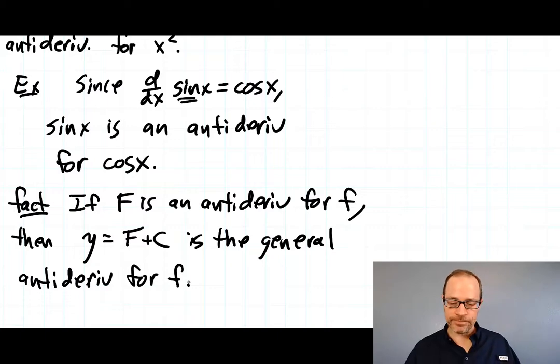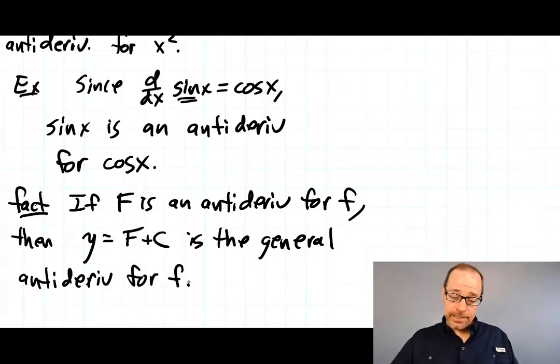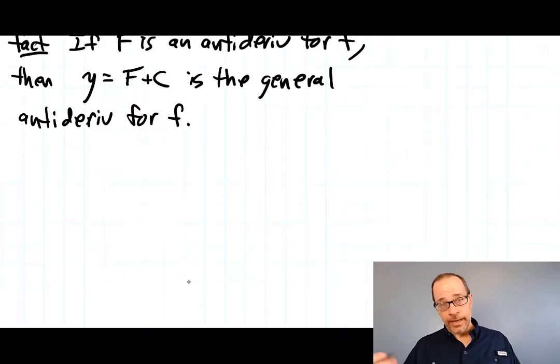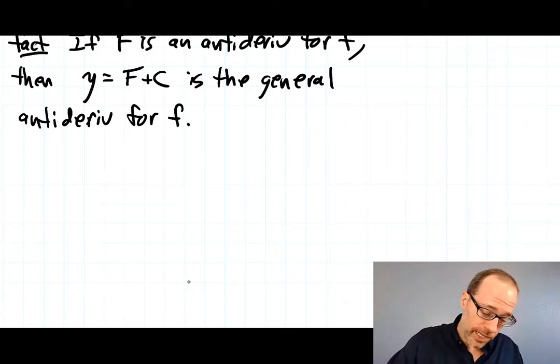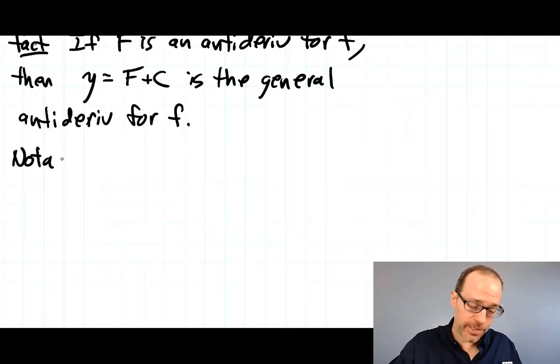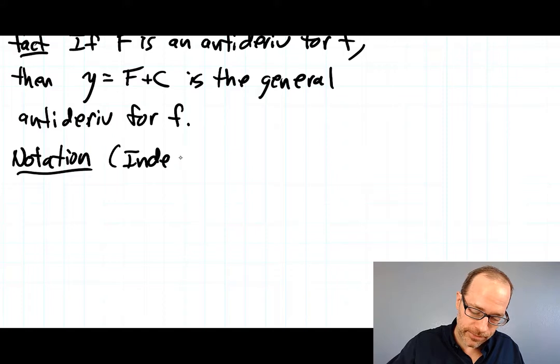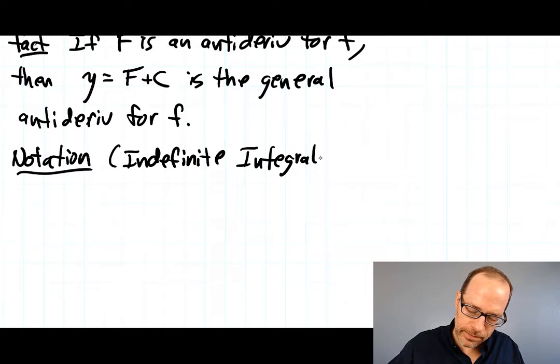Okay. All right. Now, it turns out these antiderivatives are going to be related to how we evaluate definite integrals. And therefore, we have the following notation. We'll see this when we hit the fundamental theorem of calculus. This is notation for indefinite integrals. The notation is this.